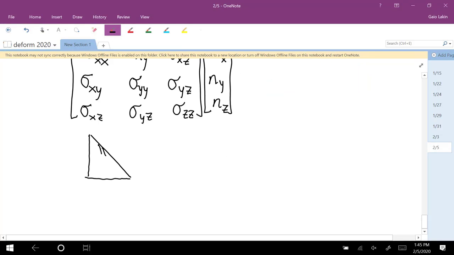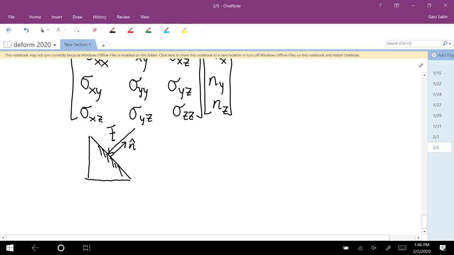So if this is your face, this is your outward facing normal. If that face doesn't have any shear components to the traction vector, then it's going to be just parallel to that vector. It could be in or out, depending on the factor you're multiplying by. The normal goes that way, the traction can go either way. I'll draw it the other way.